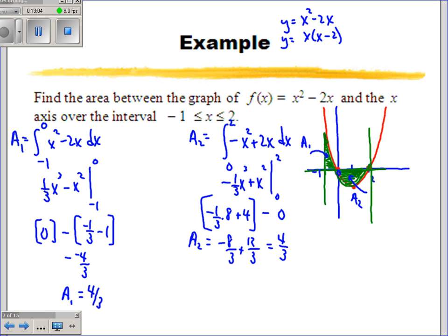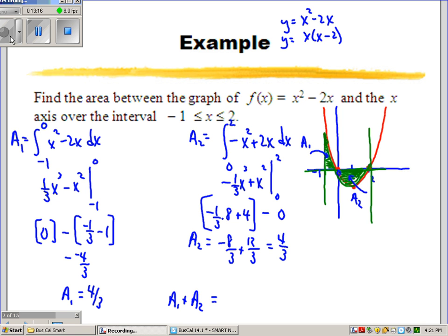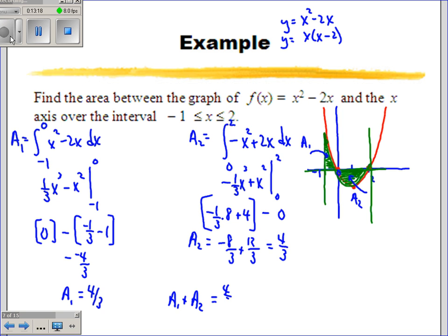So now if I want the total area from -1 to 2, it'll be 4/3 plus 4/3 is 8/3.